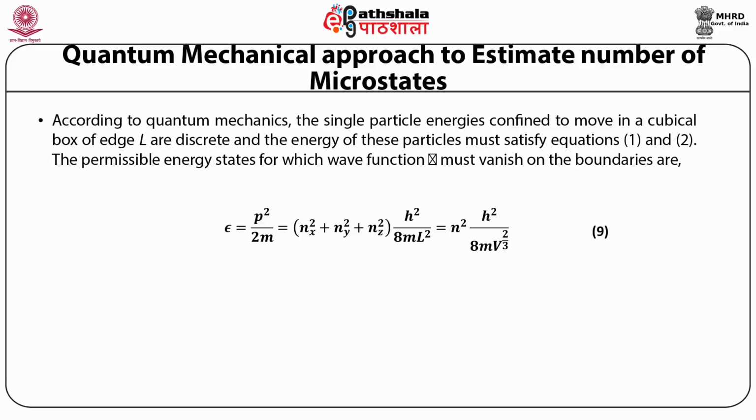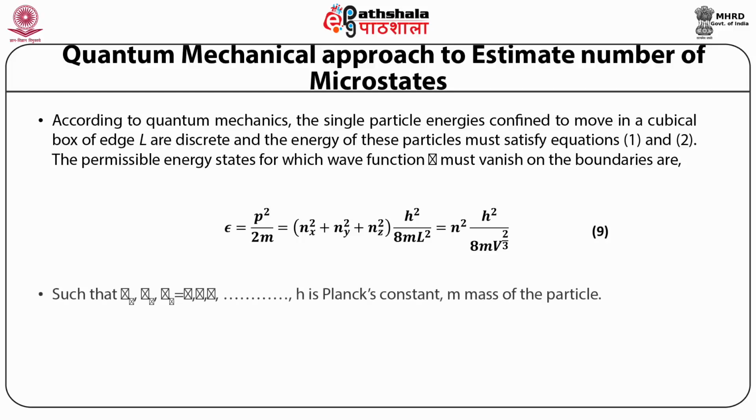The permissible energy states for which the wave function psi must vanish on the boundaries are epsilon is equal to p squared by 2m is equal to (n_x squared plus n_y squared plus n_z squared) multiplied by Planck's constant squared divided by 8mL squared, which is equal to n squared multiplied by h squared divided by 8m V raised to power 2 by 3, such that n_x, n_y, n_z equal 1, 2, 3 and so on. h is Planck's constant, m mass of the particle.